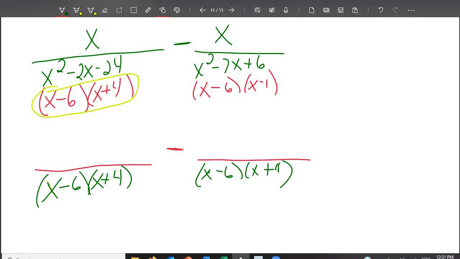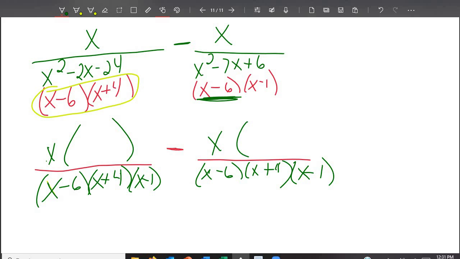Whatever they're not sharing also has to go in the denominator. Notice they're sharing an x minus 6, but they're not sharing the x minus 1. So it has to go in the denominator, which means we're going to be multiplying the tops by something.